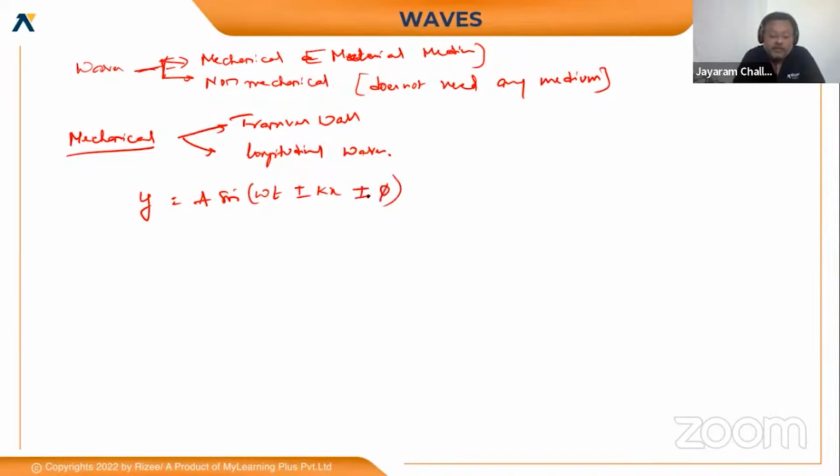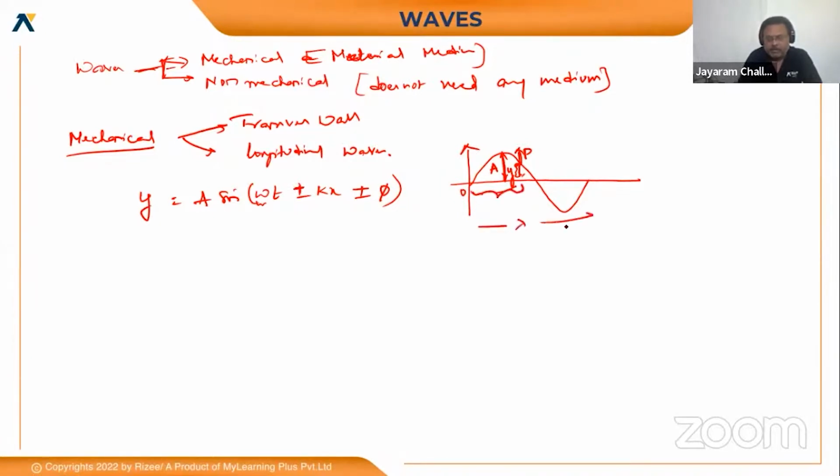So this is a very beautiful equation. Here y is the displacement of the particle we are studying in the wave, a is the maximum displacement, omega is the value telling how many times the particle oscillates up and down, x is the distance of the particle from the origin in terms of lambda, and phi is called your initial phase.